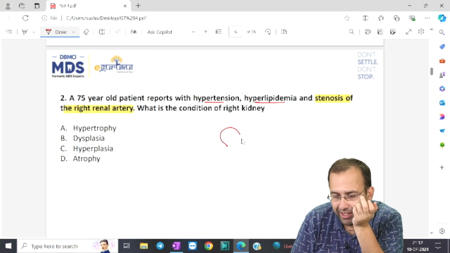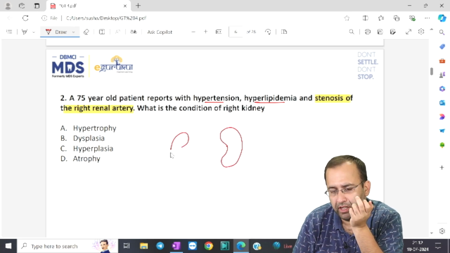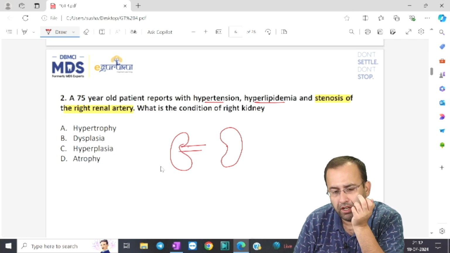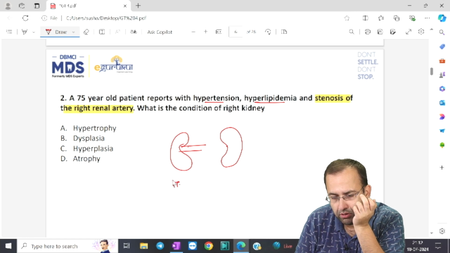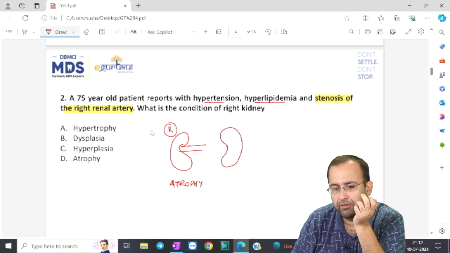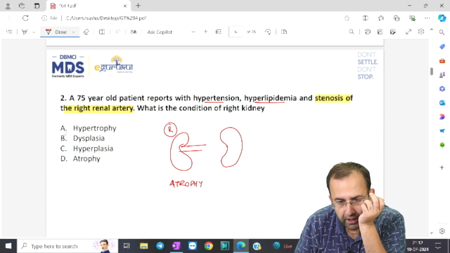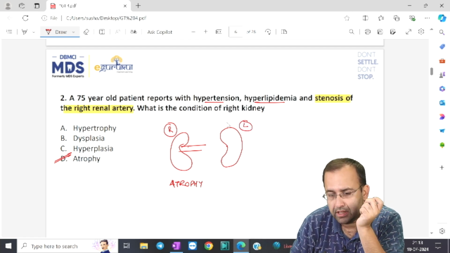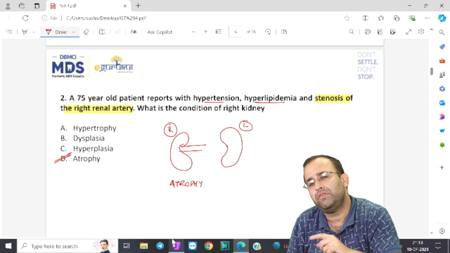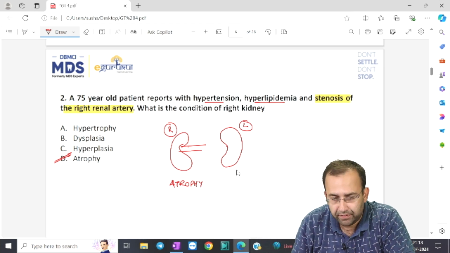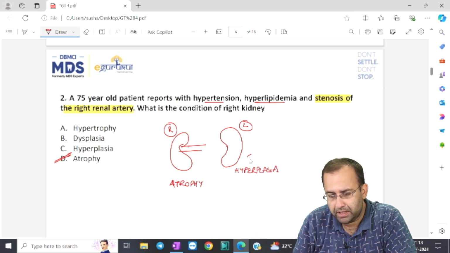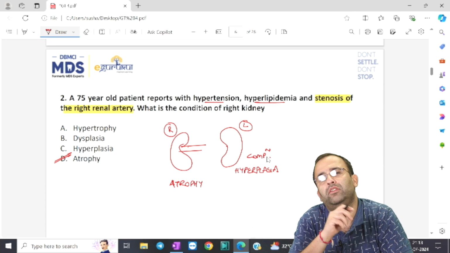Let us write it like this: if there is stenosis of the right renal artery, of course the right kidney will undergo atrophy. Very, very important: the right kidney undergoes atrophy, versus the left kidney, which will undergo a compensatory increase. It will undergo hyperplasia, compensatory hyperplasia. That is the left kidney.